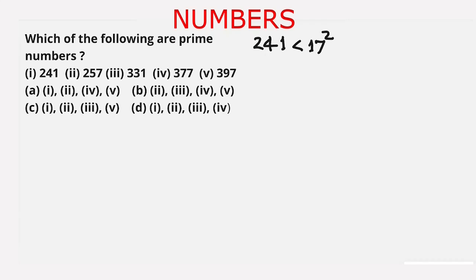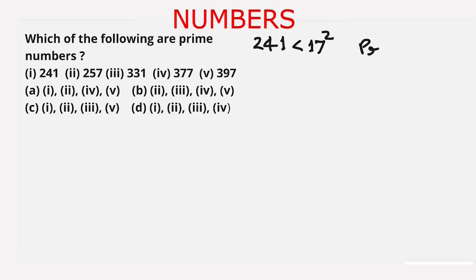Next number is 13. So we divide 241 by 13. 13 times 1 is 13, balance is 11, and 111 is not divisible by 13, so 241 is also not divisible by 13. So 241 is a prime number.